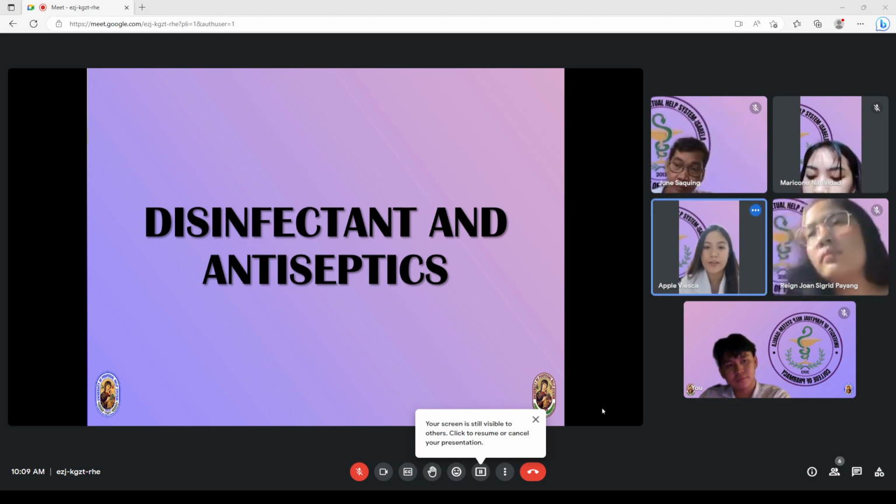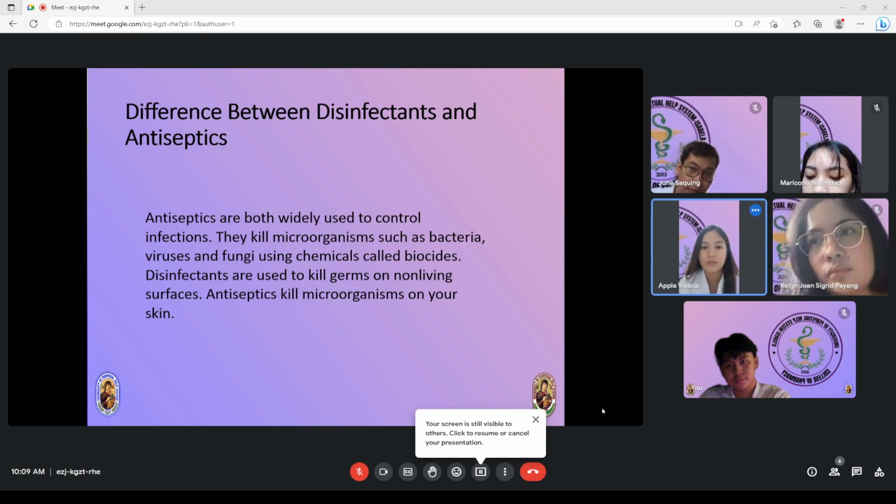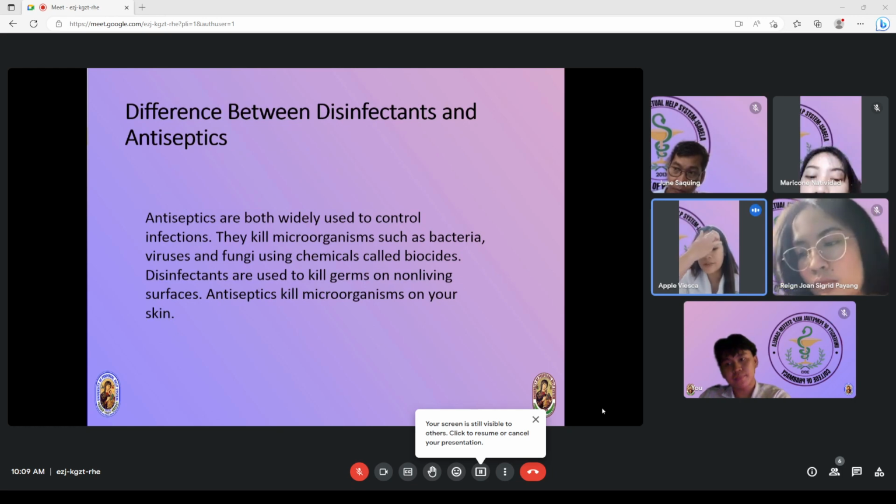Disinfectant and antiseptics. Antiseptics and disinfectants are both widely used to control infections. They kill microorganisms such as bacteria, viruses, and fungi using chemicals called biocides. Antiseptics are used to prevent the growth of microbes on living tissues, while disinfectants are used to kill microbes on non-living objects.